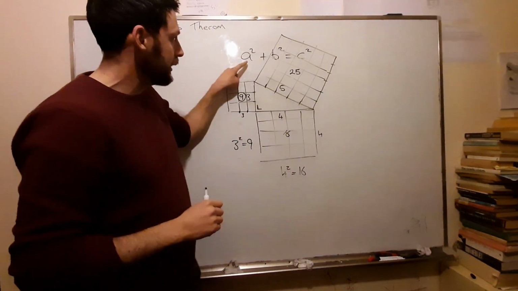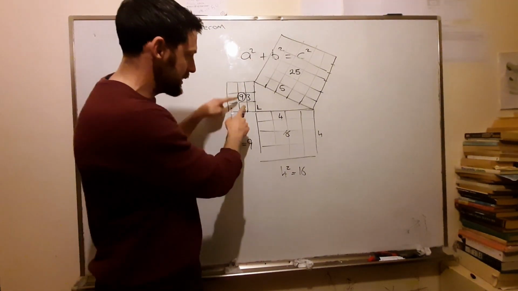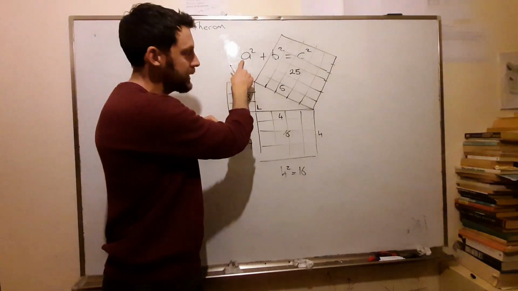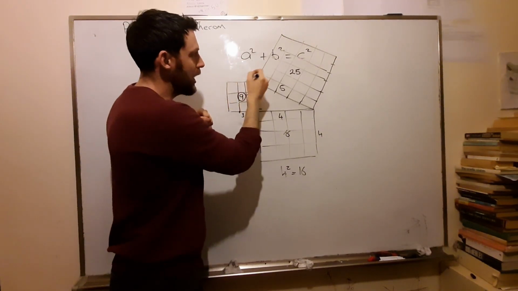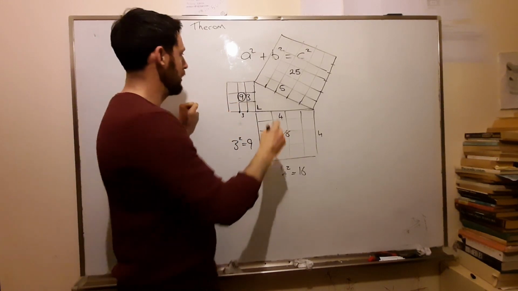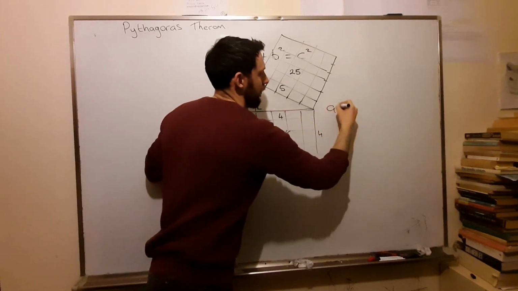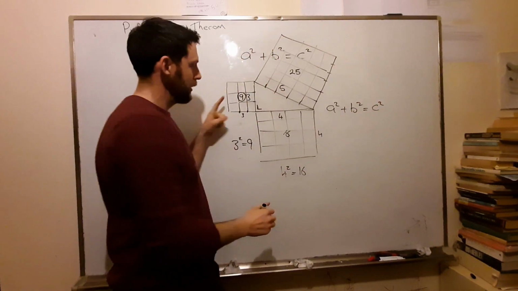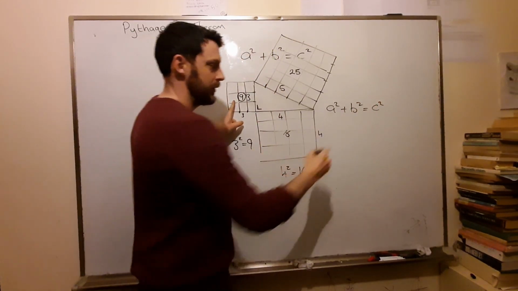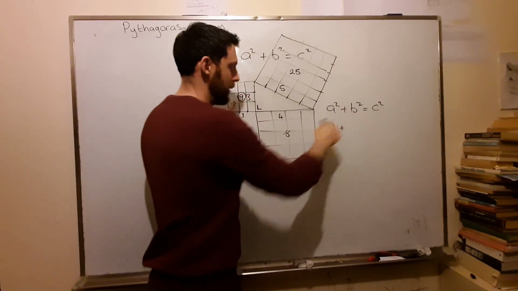Pythagoras noticed that a squared, if I call this one a squared, how many squares are in this box A? 9. Let me rewrite this again. So a squared plus b squared equals c squared. How many boxes in the A? There are 9. Plus how many boxes in the B?